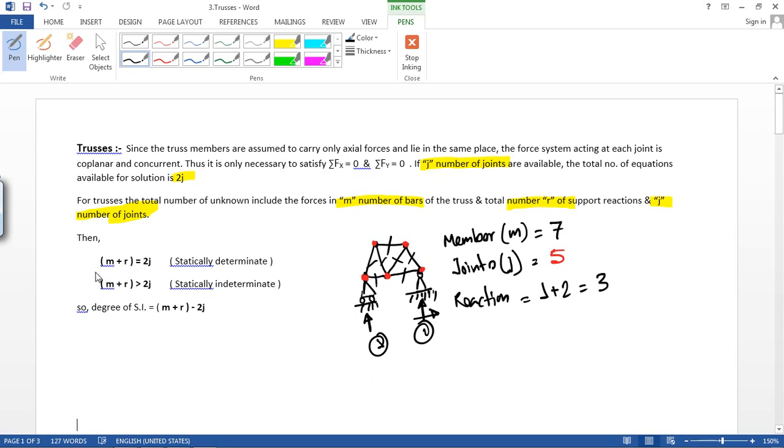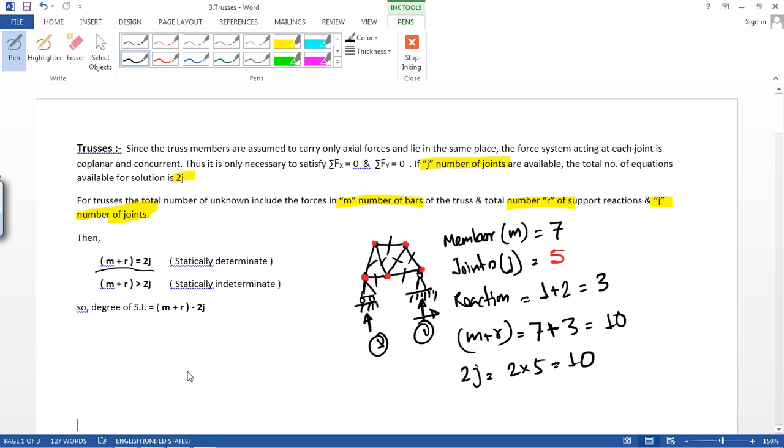So according to the equation, M plus R is equal to 7 plus 3, which is 10, and 2J is equal to 2 into 5, that is 10.